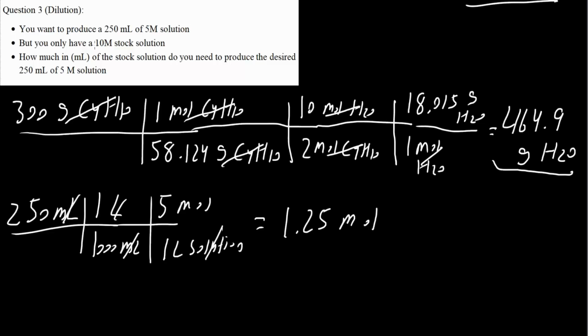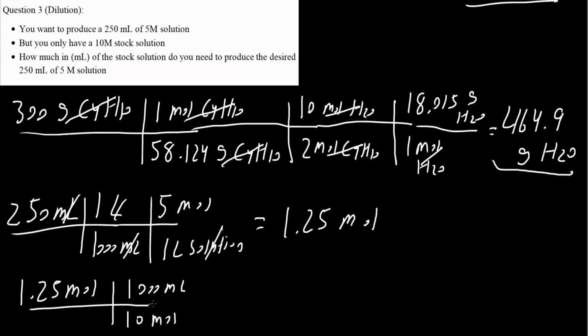Now in our case, we have a 10 molar stock solution, so we can start from here. We have 1.25 moles, the number of moles we need. And we know that 10 moles of our stock solution would equal 1 liter. And we already know that 1 liter is 1,000 mL, so we can just write 1,000 mL of the solution.